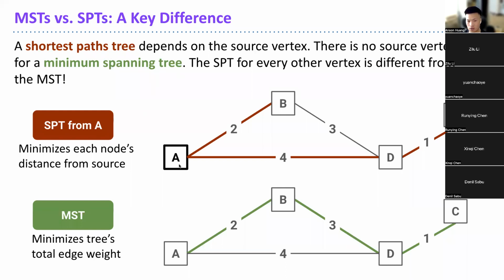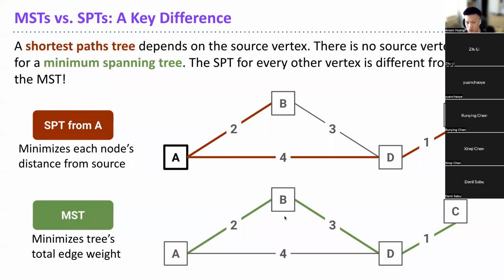With shortest path trees, you always start from some starting vertex. So let's say you start from A. The shortest path tree is the shortest distance to every single node in the tree from that node. However, for MSTs, it's a little different. There's no concept of a source vertex in MSTs.